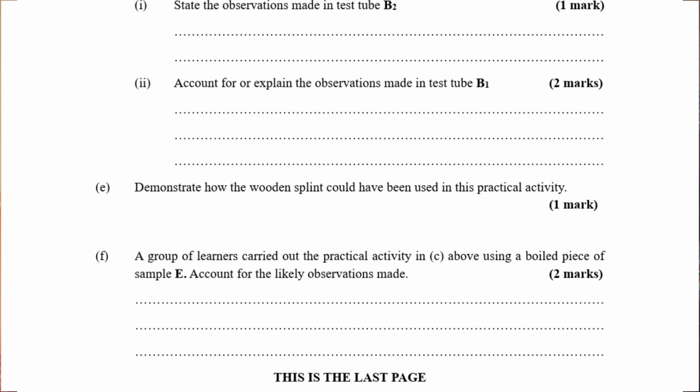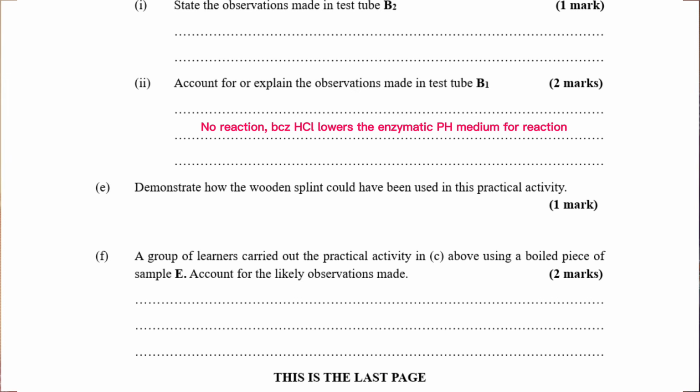Bubbles, fizzing or hissing sound, production of colorless gas or effervescence. D, Roman 2. Account for the observation made in test tube B1. No reaction. The HCl lowered the pH, making the medium acidic or unfavorable for enzymatic action.